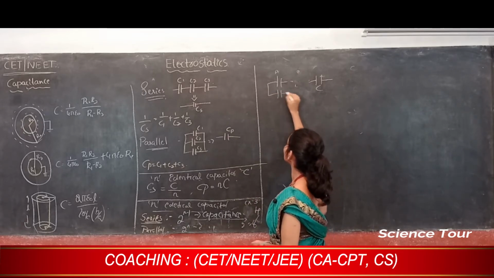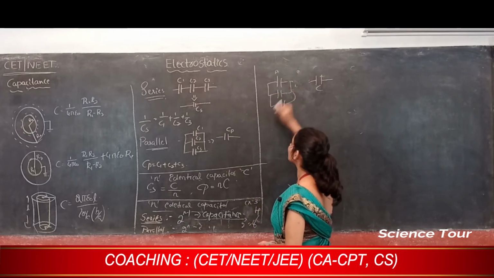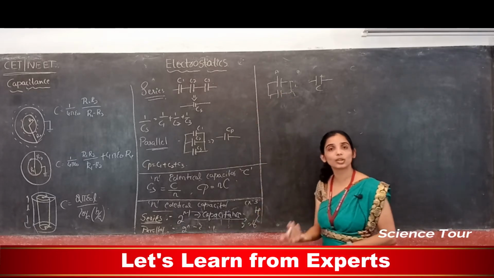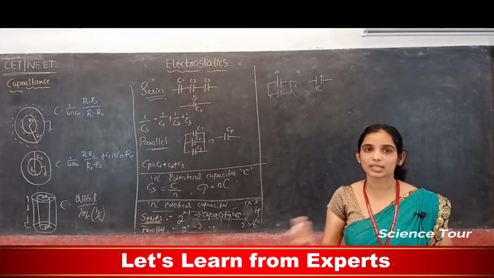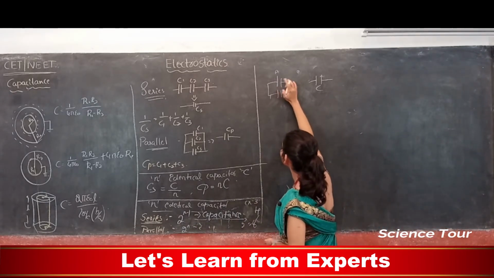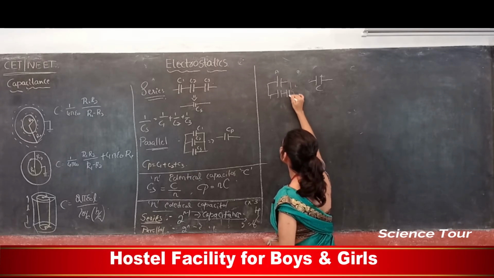Next connecting only AB, next connecting only AC, connecting only CB. And one more type of combination you can make is A parallel to B and C.